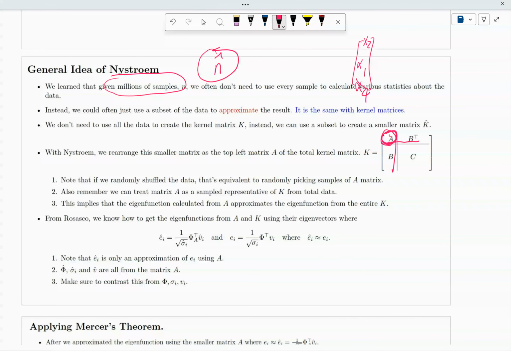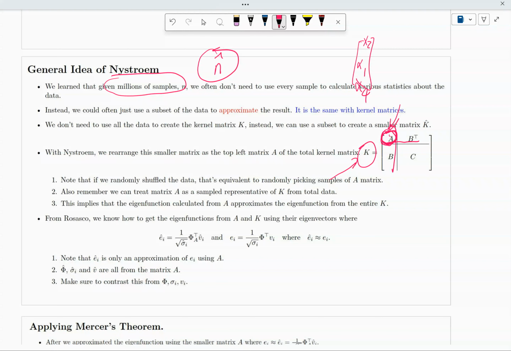So this matrix A, in a way, is a subset of the K matrix. It's kind of a snapshot, a summary, where you randomly sample from the whole population. So you can picture the A matrix as a representative subset of the total matrix K.